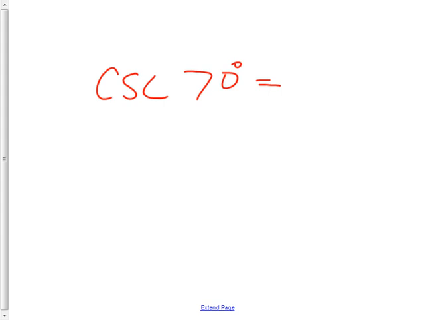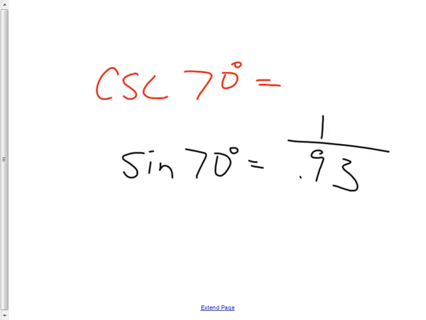But you know that it's flipped, right? So instead of doing cosecant of 70, you should do the sine of 70. Find out that answer. Let's say it's like 0.93 or something. And then what do you do to the answer? Flip it. You don't flip the 70, you flip the answer. So the answer would be 1 over whatever that is. Okay?